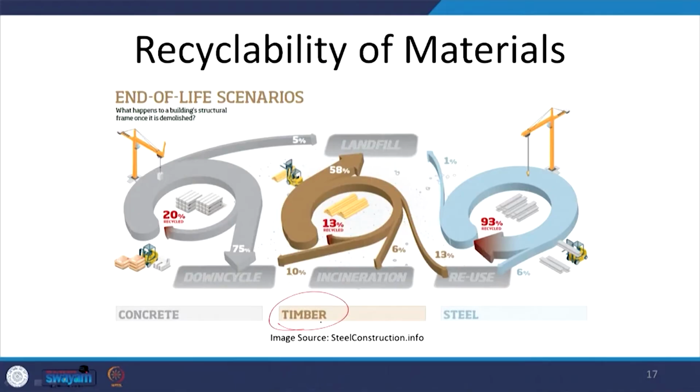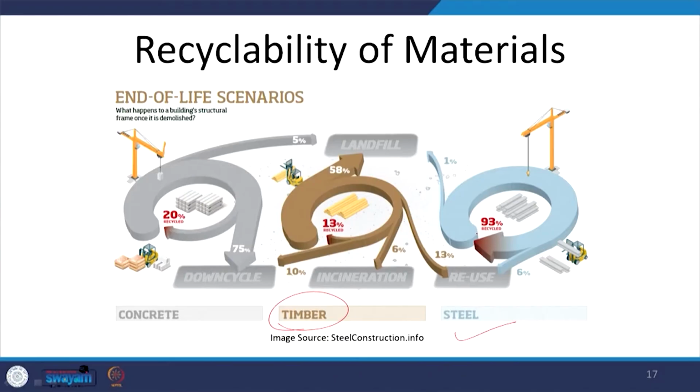If we compare that with the end of life scenarios, wood, timber may not go back into the recycling. So, it may only have a cradle to grave kind of life cycle, while if we are talking about steel, it will be cradle to cradle, because once it has been manufactured, almost 100% of it is brought back into the system. So, it is a cradle to cradle life cycle.